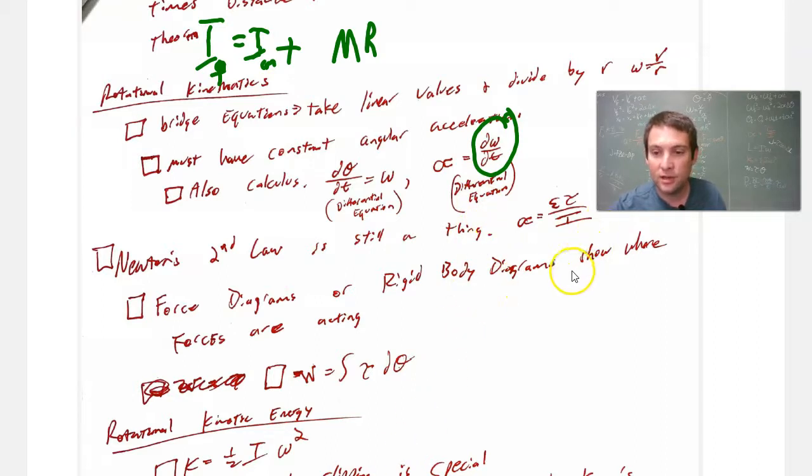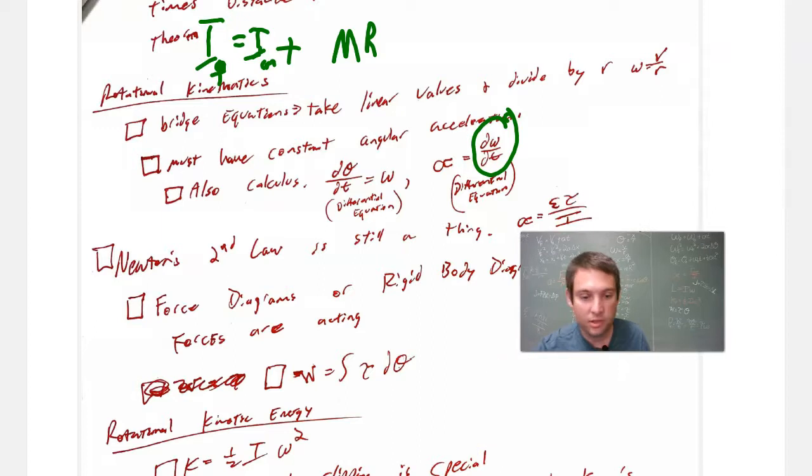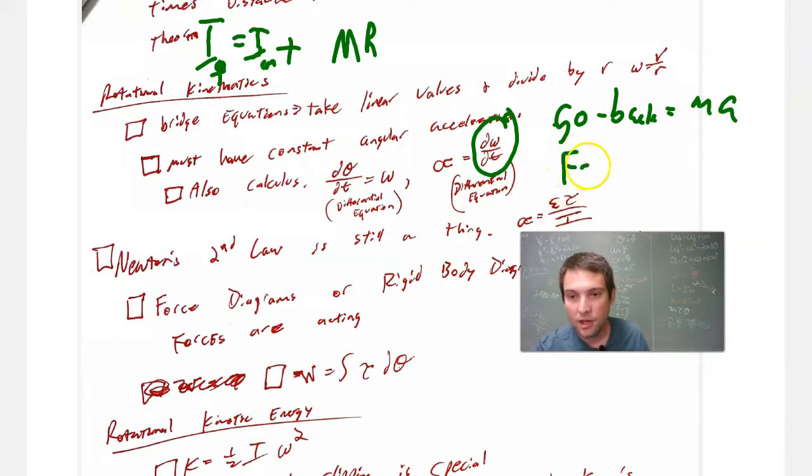Please get the point on the FRQ that says write but do not solve a differential equation for the net force. You're probably going to do stuff that makes it go minus stuff that holds it back, equals mass times acceleration.